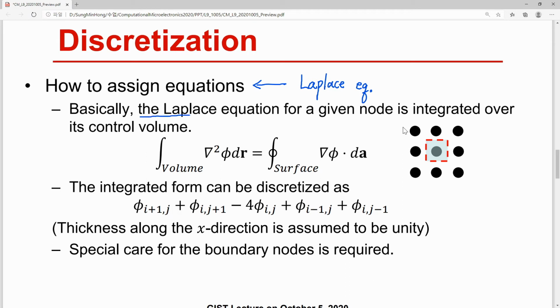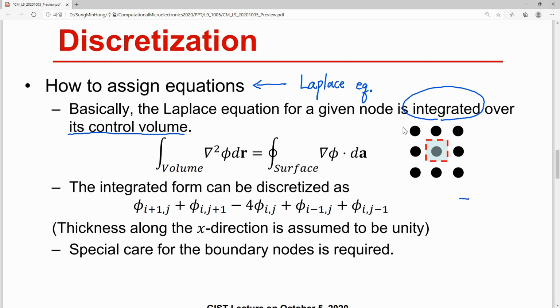For a given node, let's say that this is nothing related with the boundary, it is away from the boundary, so always we can find many surrounding points around it. Then the Laplace equation is integrated over its control volume. So in this case, we just consider this integration.